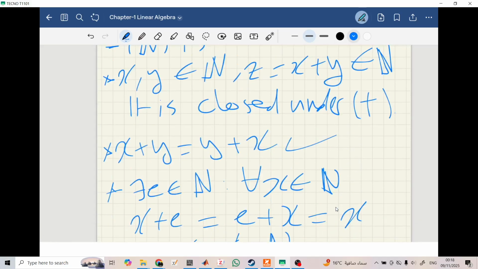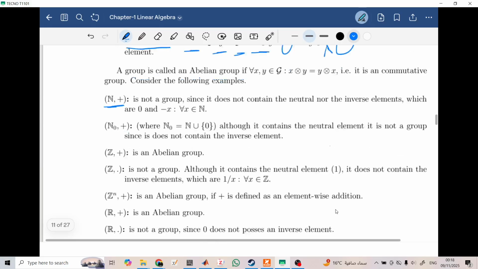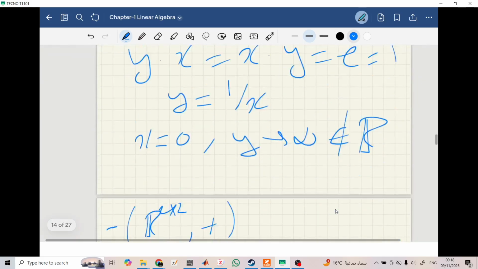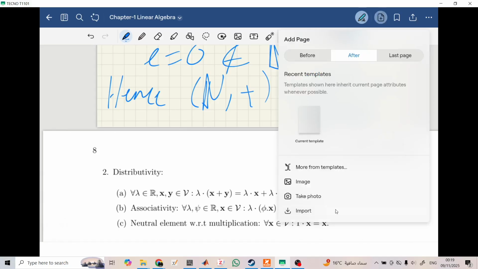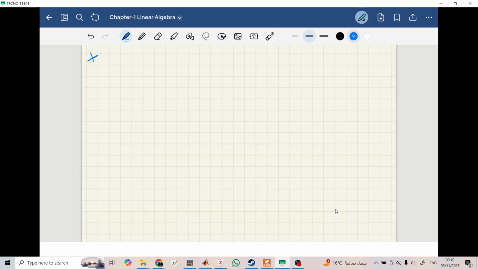So what is the next example here? Okay, if we add the 0 element, it's still a group. Let's go down and check, so we add another page.